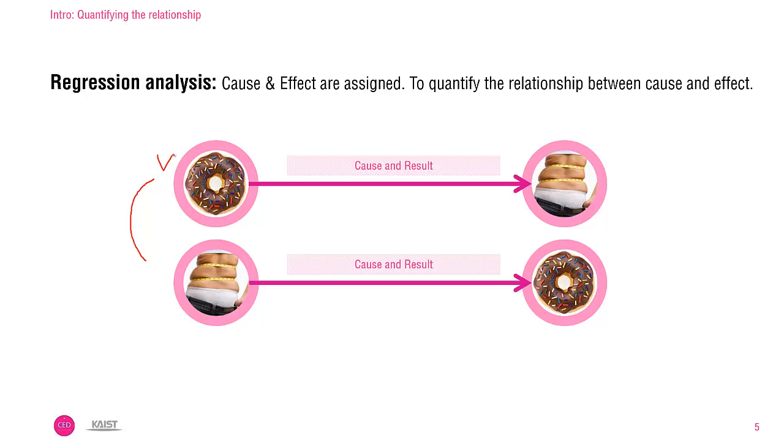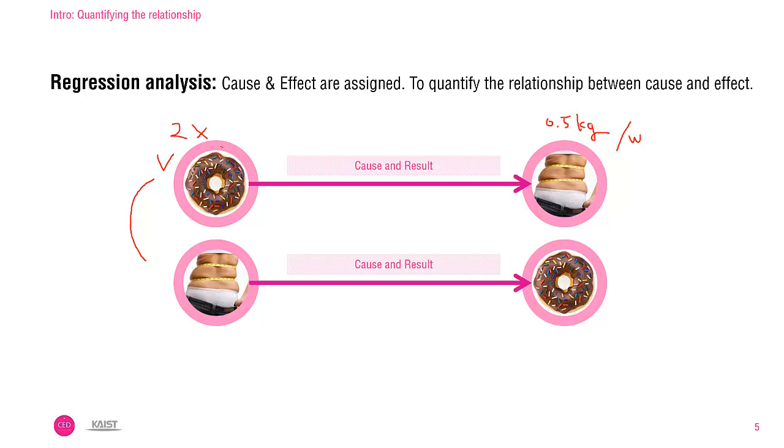Based on the data about the donut intake and gained weight, we can develop an equation. For example, you gain 500 gram per week if you eat 2 donuts every day.